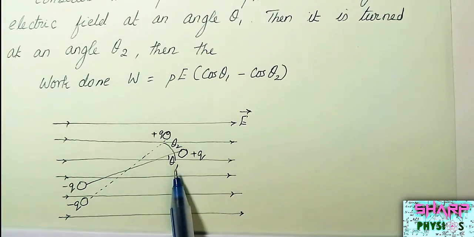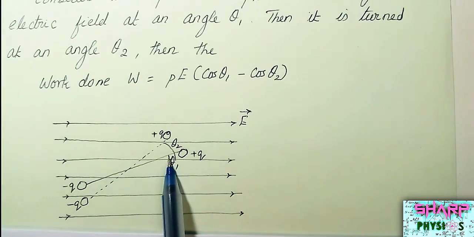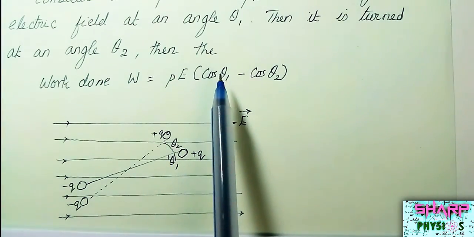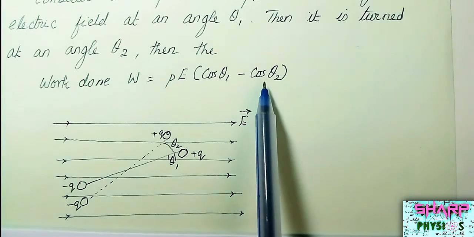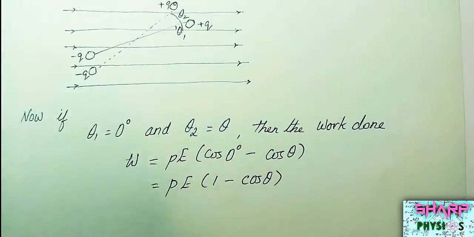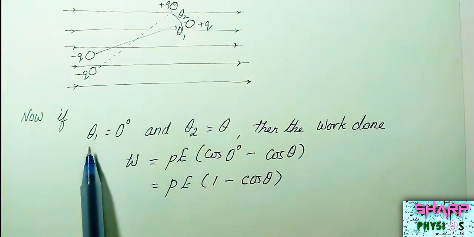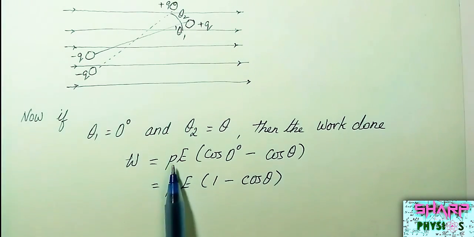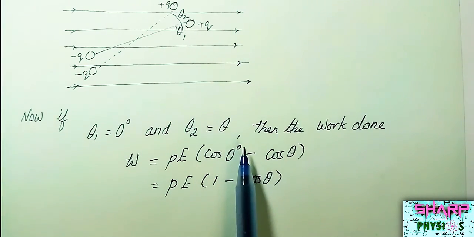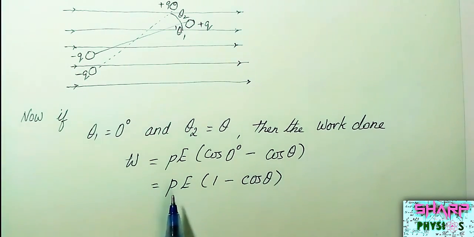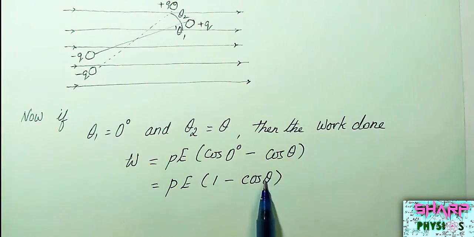We consider theta 1 to be 0 because it's the starting point, and it moves to an angle theta 2. Substituting theta 1 equal to 0 degrees and theta 2 equal to theta, we get the work done is equal to P E into cos 0 degree minus cos theta, which is P E into 1 minus cos theta.